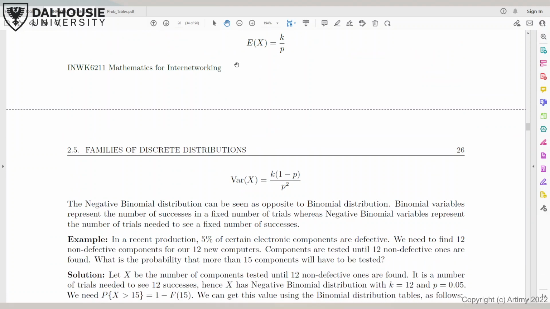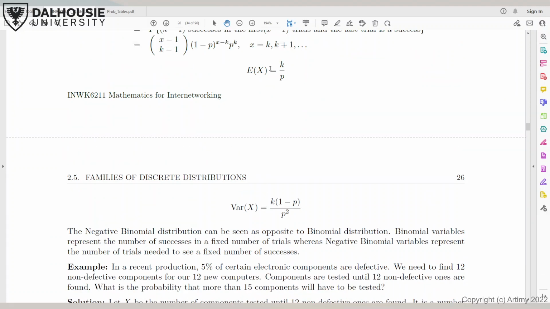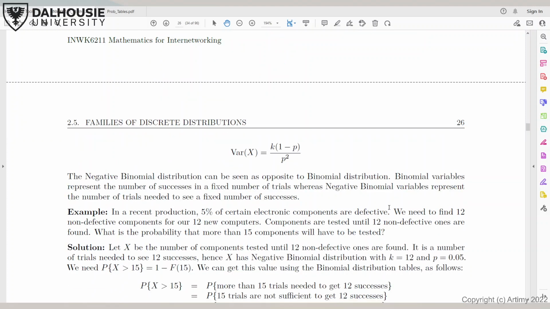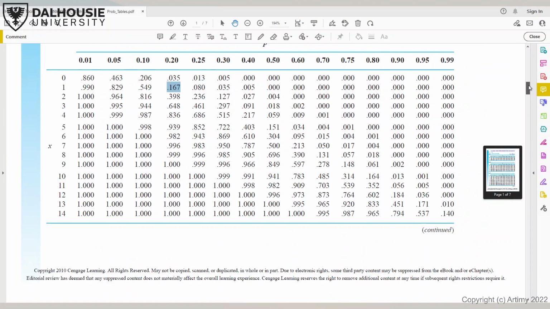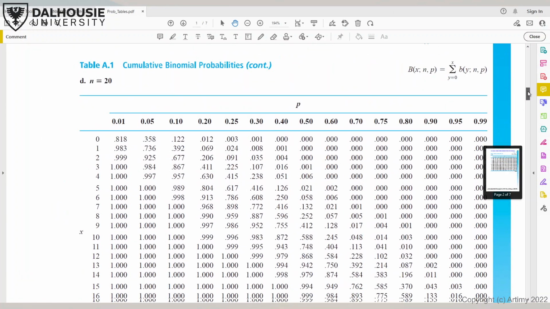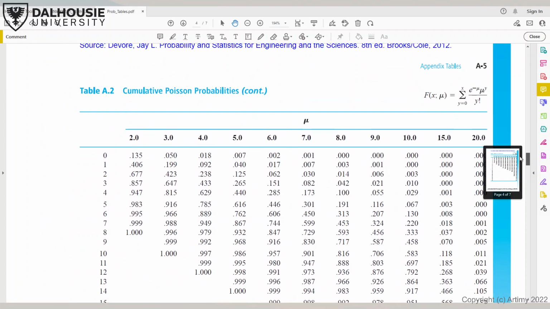We have the expectation, which is k over p, and the variance, which is k times 1 minus p over p squared. Now, again, if I go back to the tables, I won't find a table for the negative binomial. So that's two tables that we cannot find in this set of tables.